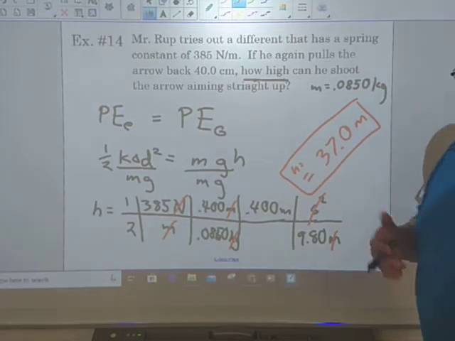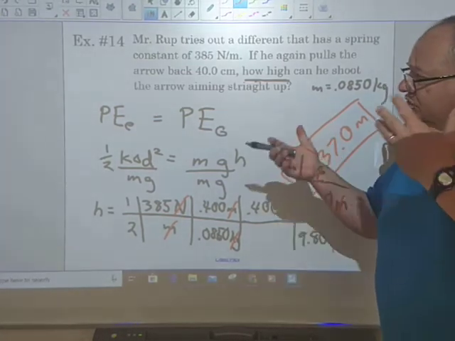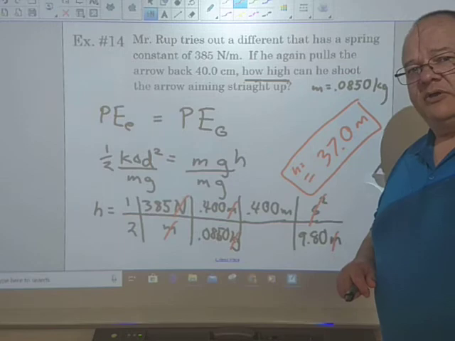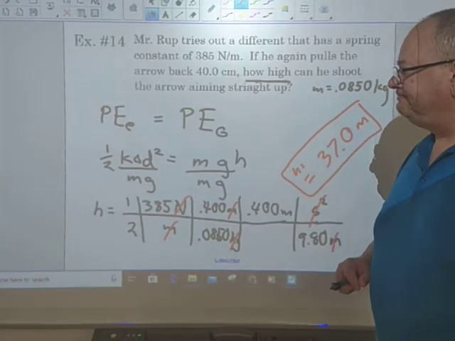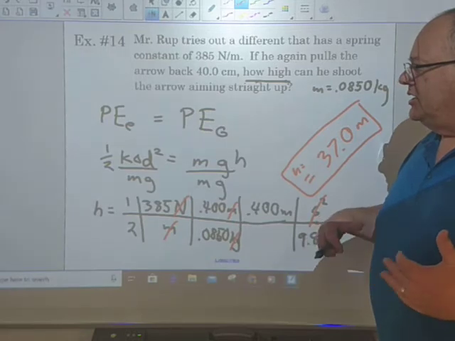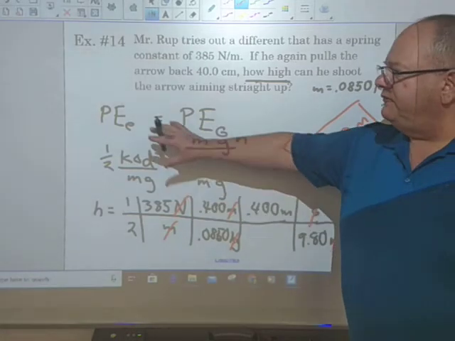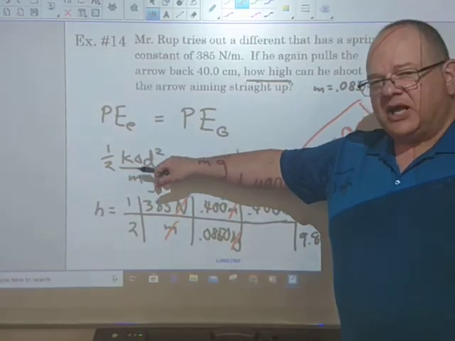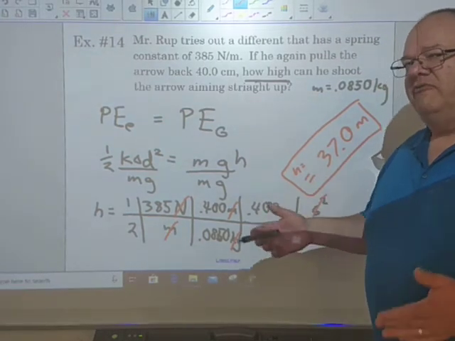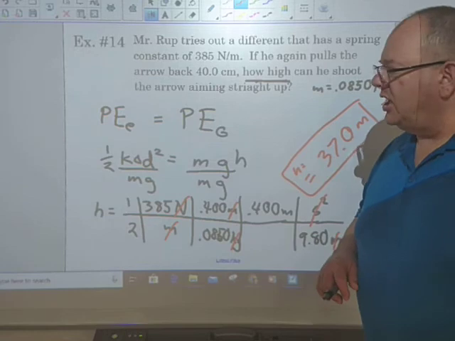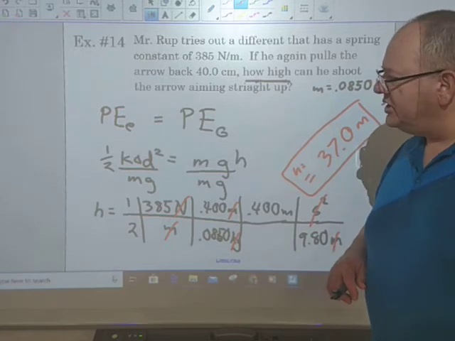All right, so there's 3 examples of changing one energy form to another. Some of the problems, especially if we weren't involving this spring constant, look very much like what we had with acceleration problems earlier this year.